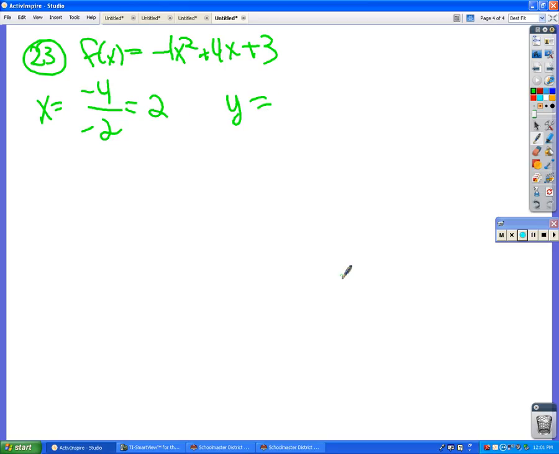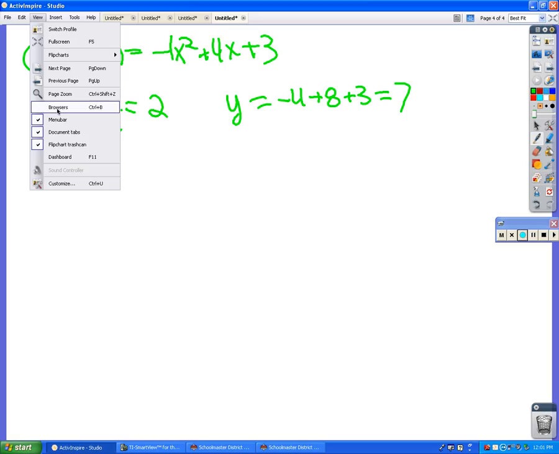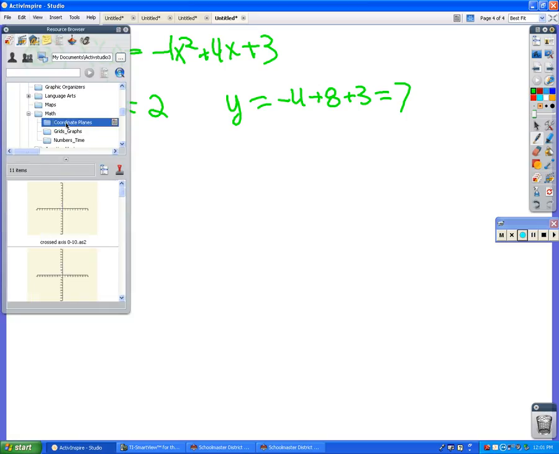So I plugged that in for the x's. 2 squared is 4, so that's going to be -4. Plus 8 plus 3, so that comes out to be 7. So that one's not so bad, so we can just use a regular graph with a regular scale.